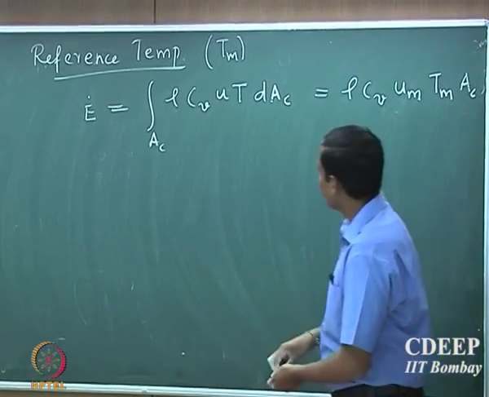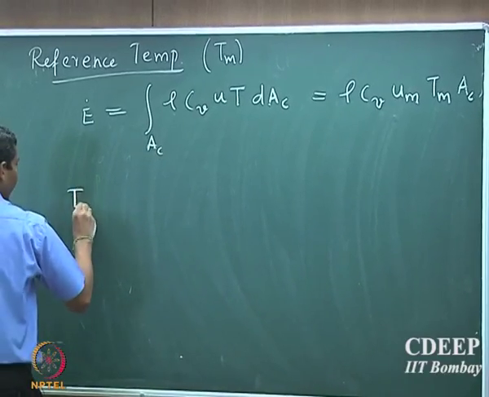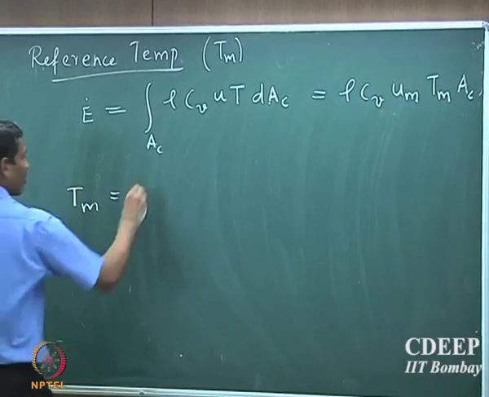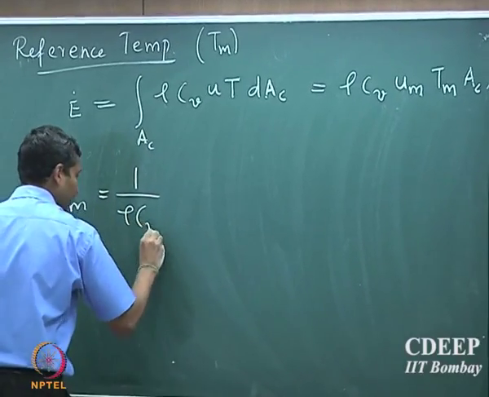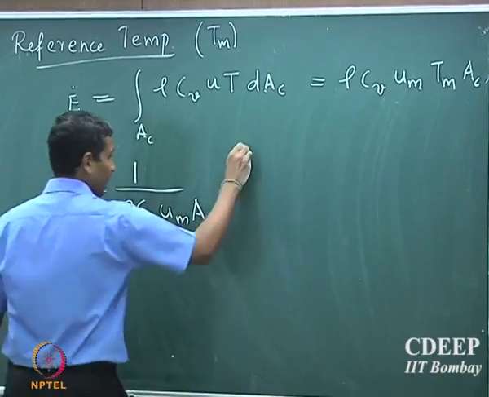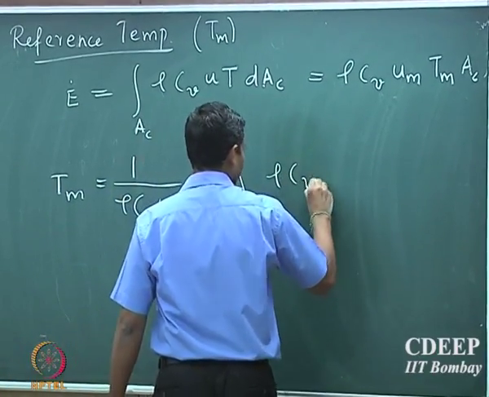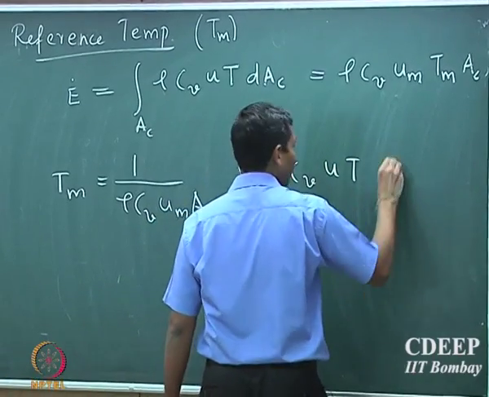So from here we find Tm is 1 by rho Cv um Ac times the integral over the cross section of T dAc.